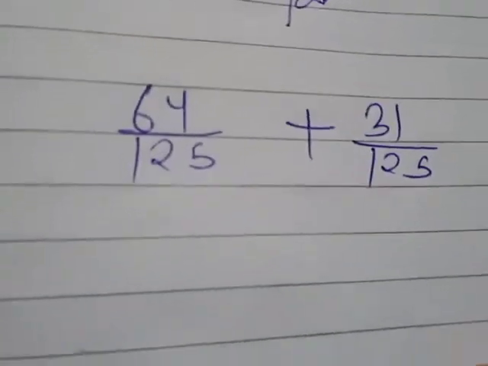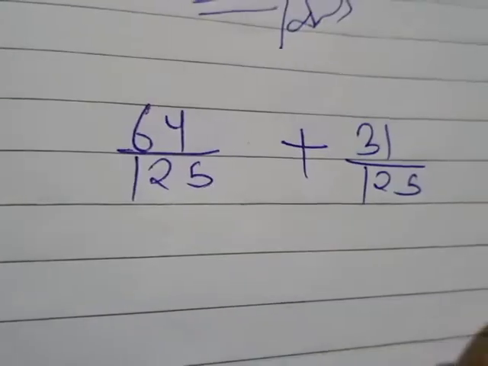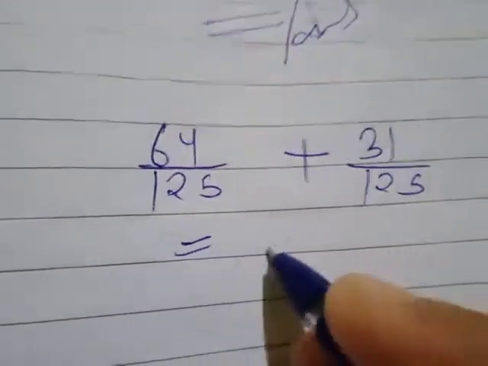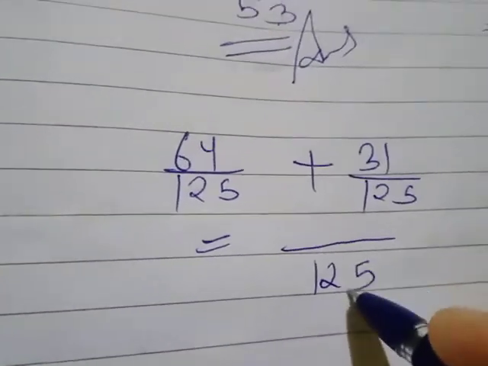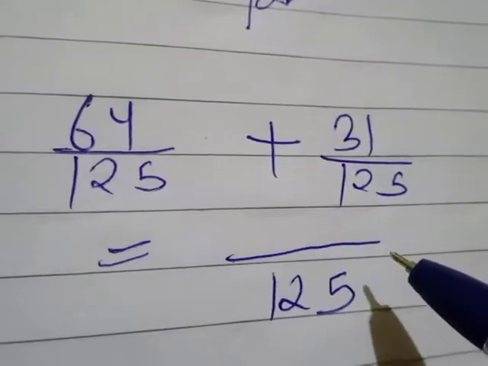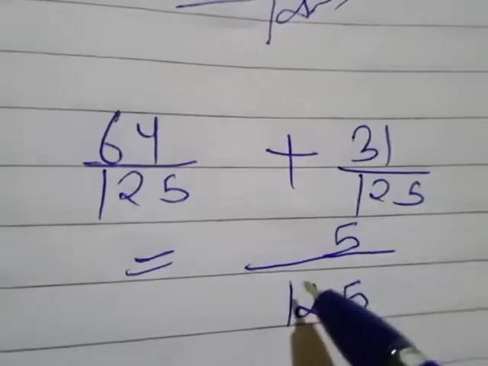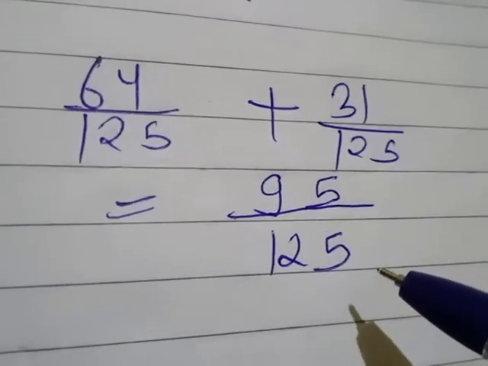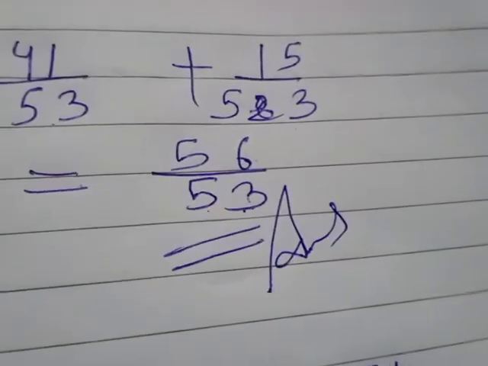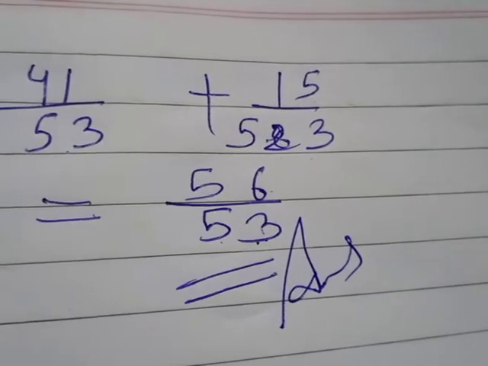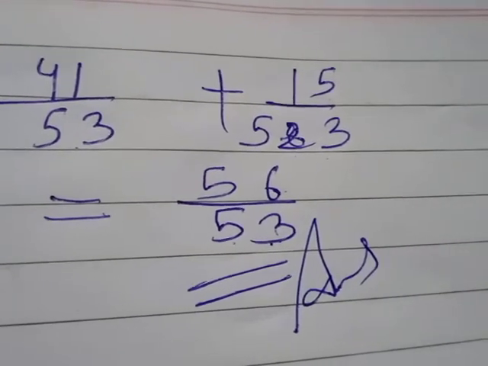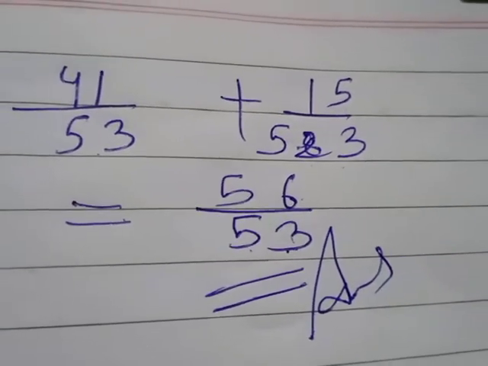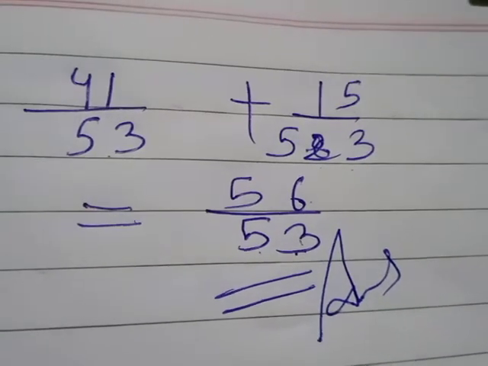Again denominators are same, so we write that same denominator, and numerators we will add. 4 plus 1 is 5 and 6 plus 3 is 9. So you will get here 95 upon 125. In question number 1, 56 and 53 do not come in any other table, means both the numbers are not divisible by any other table, so we will leave it as it is.